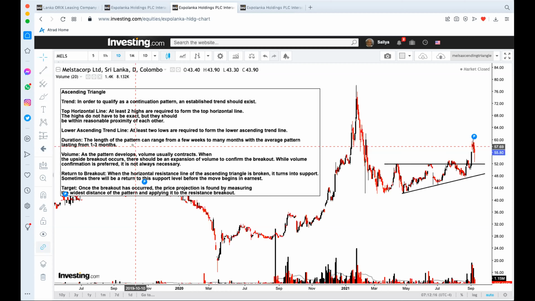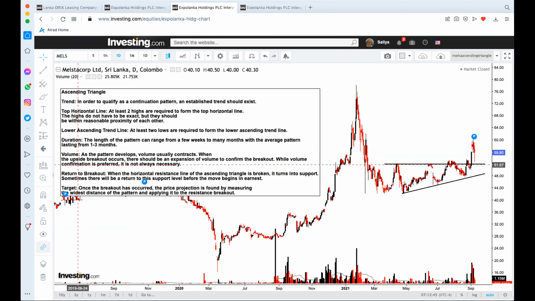If you spot a triangle where the highs are testing a certain level continuously, that can last from 1 to 3 months.